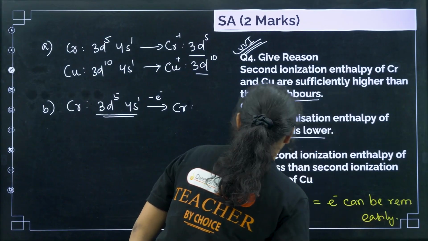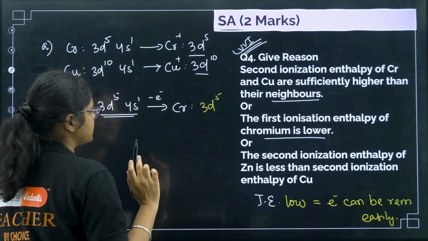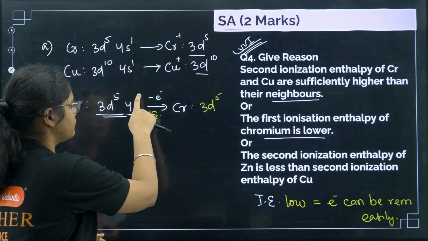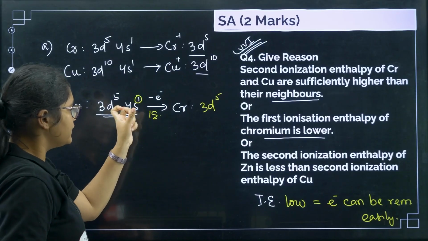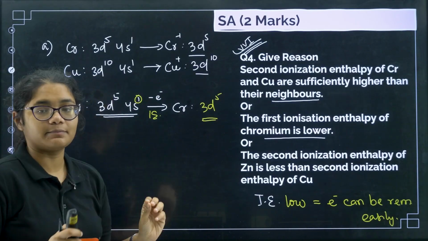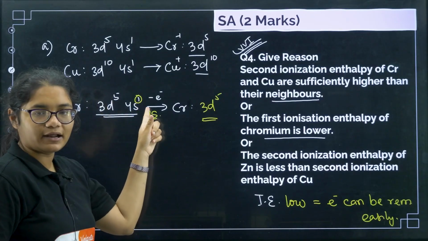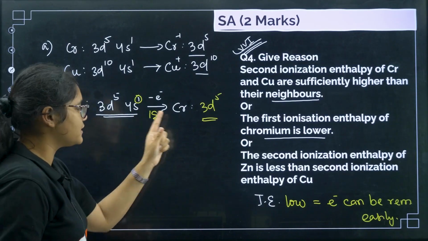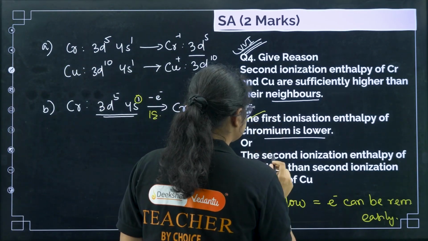If I remove it, I'll get 3d5. The energy you put in to remove this one electron is very less because once this electron is removed, chromium gets a stable half-filled configuration. It wants to get rid of this one electron so that it can gain this half-filled configuration. That is why this value is very low. Okay, this is done. Next question.